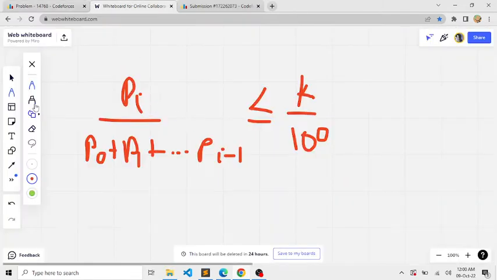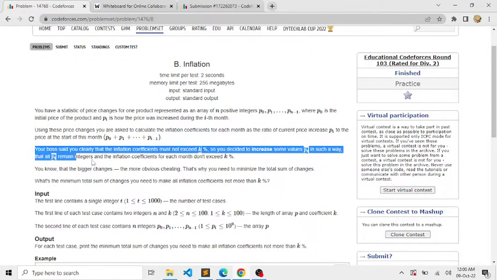In a scenario where this condition is not satisfied, they are expecting us to add some value x to the denominator such that this condition will become true. Okay, so this is what the third statement says.